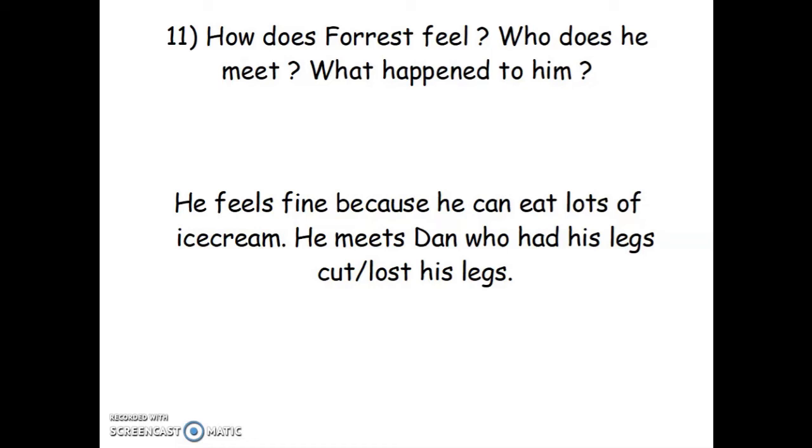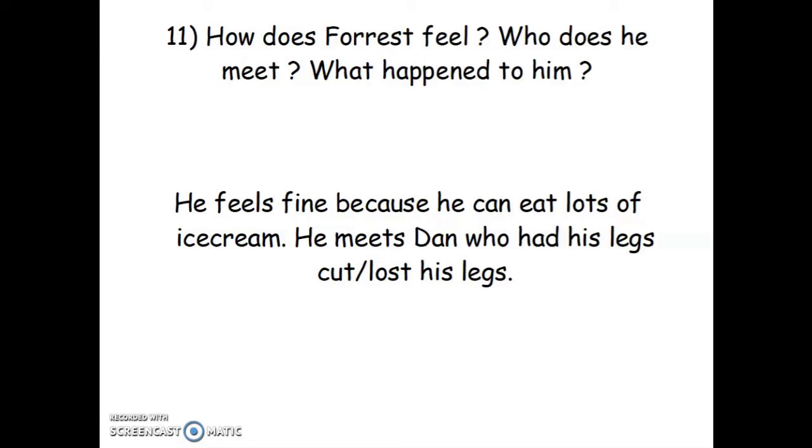So you may think that Forrest Gump is going to feel very bad, but on the contrary, and very surprisingly, he feels fine. Because he can eat lots of ice cream. He can eat all the ice cream he wants. And this is what makes him very happy. Remember, he's got a childish attitude.